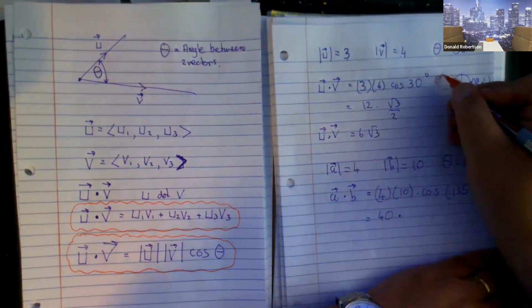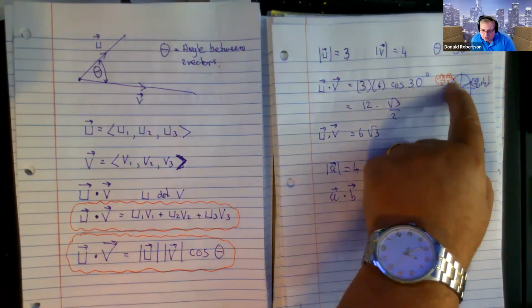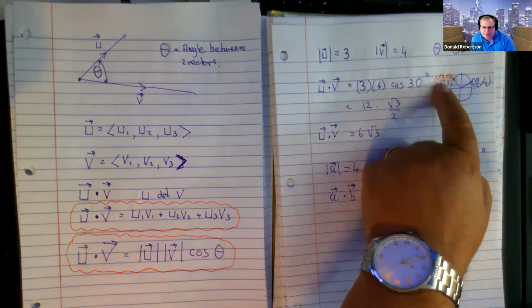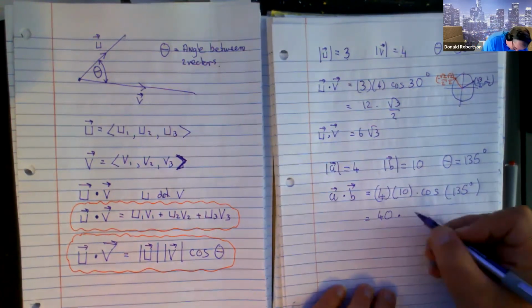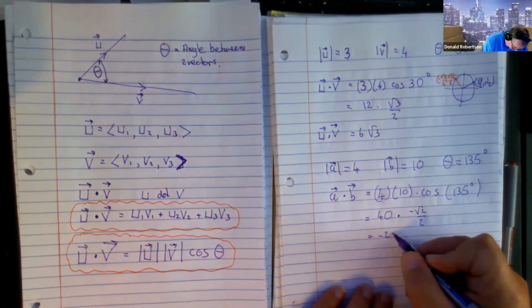And this guy is negative root 2 over 2, positive root 2 over 2. The x coordinate of a point is what the cosine is equal to. So can you see in this case it's negative root 2 over 2, which means this simplifies down to that guy.